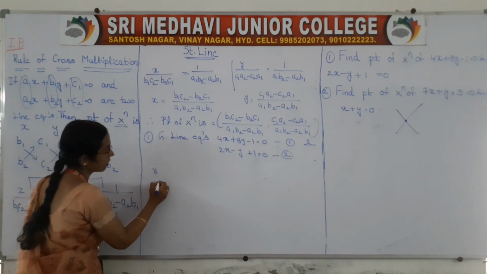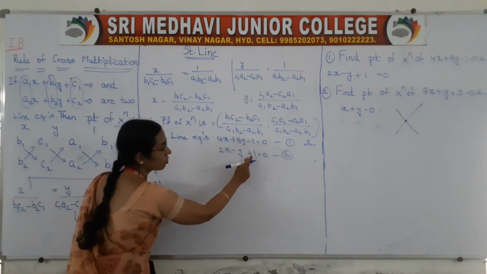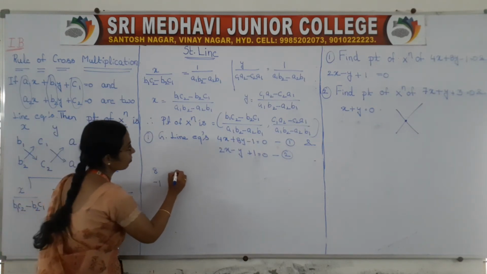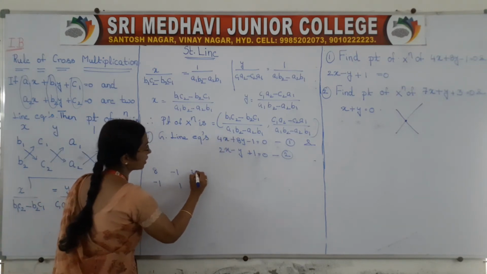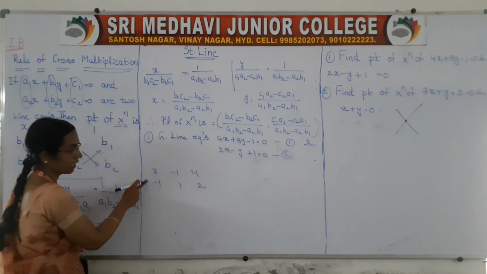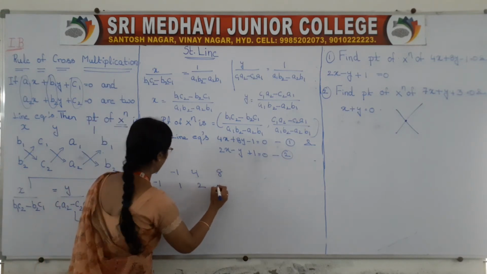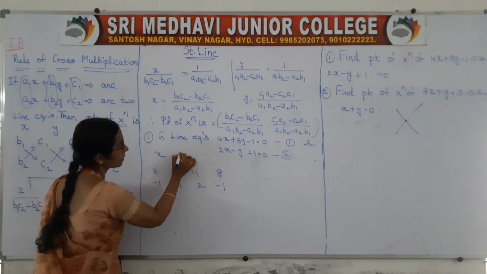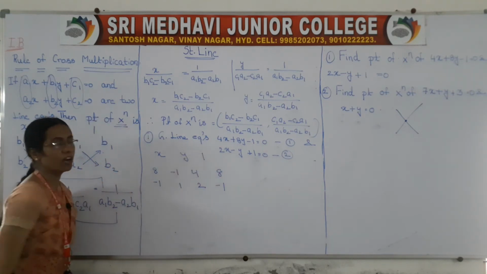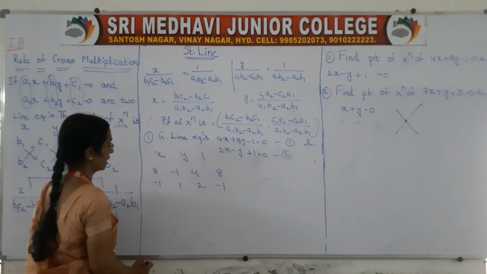So 8, minus 1. Next we have to write the constants: minus 1, 1. Next we have to write x coefficients: 4, 2. Then y coefficients: 8, minus 1. Above we have to write x, y, 1. Like this we have to write.